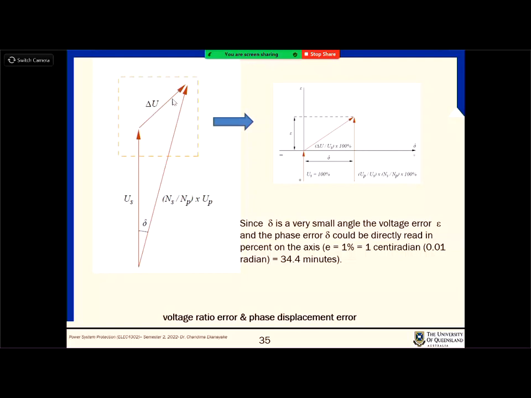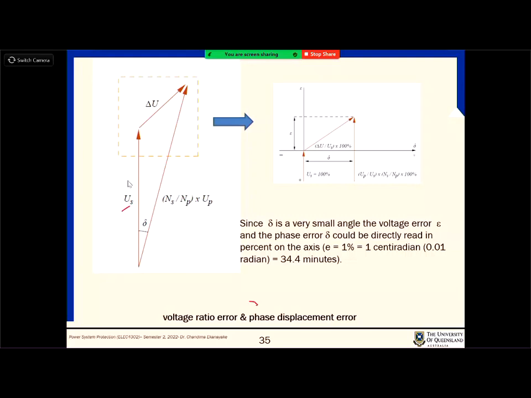So delta U is the magnitude error. Now what we do, assume that delta U is very, very small compared to Us. Why? The secondary voltage, let's say it is 120 volts, the error might be 1 volt. So it's a very small value. Therefore, first we try to look at how we develop some sort of a percentage value here.